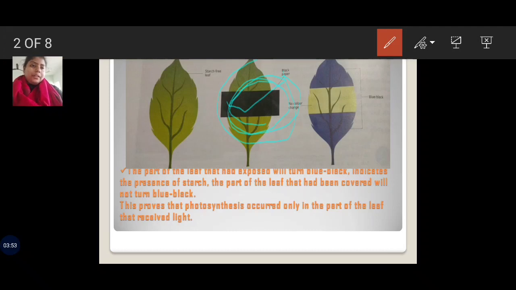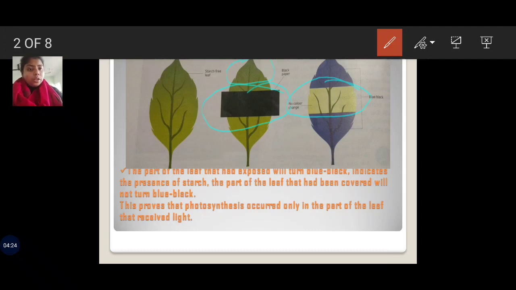And then you will perform the iodine test. Okay, so you will put the iodine into the greenish part. You put the iodine in this greenish part and the covered part, that means this part. Separately you will be putting the iodine, and what will you observe after doing so?